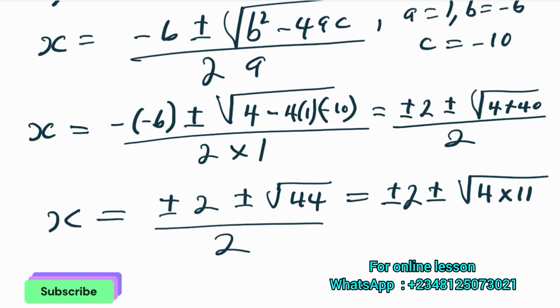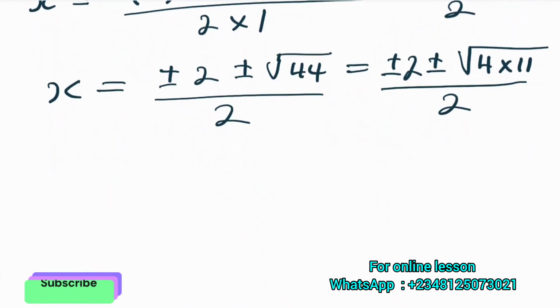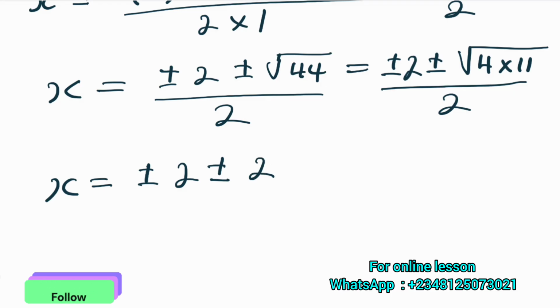So 11 times 4 is 44. Then all over 2. So we have x equal to plus or minus 2 plus or minus the square root of 4, which is 2, then 11 does not have a square root, so we put root 11.